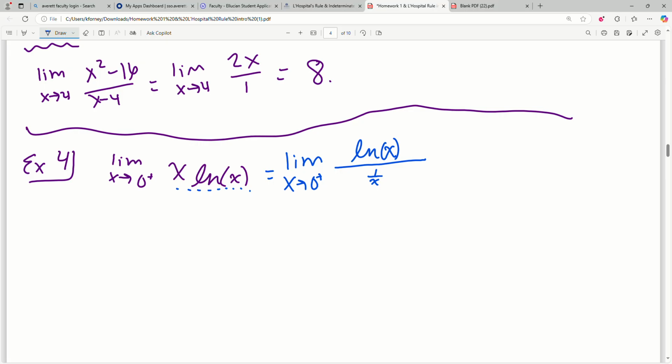Okay, so this would be an indeterminate form, and so when we apply L'Hopital's rule, just as a reminder from last class, what that means is take the derivative of the numerator and the derivative of the denominator.